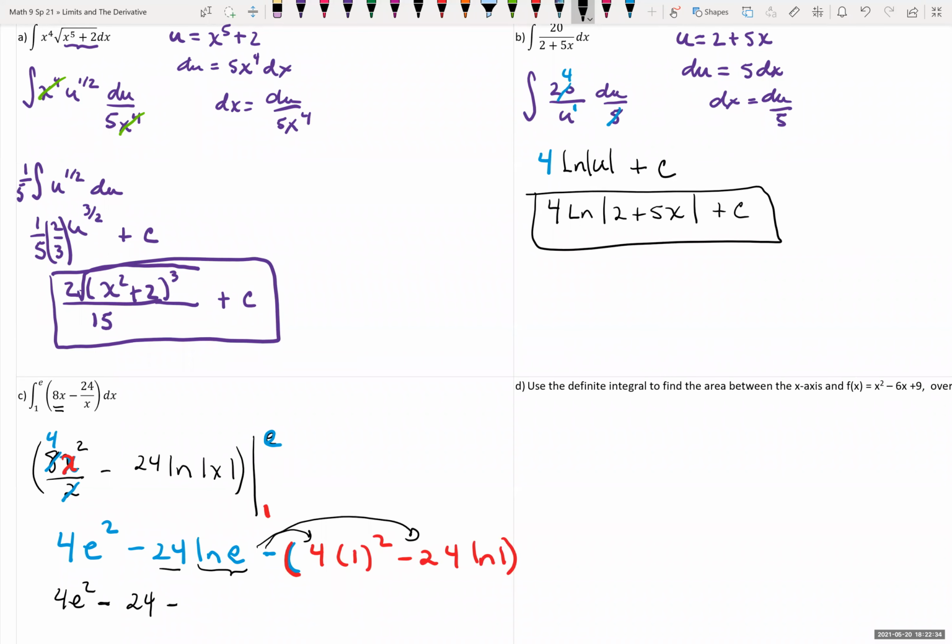So minus 4. And then natural log of 1. What do I raise e to, to get back 1? It's 0. So this is just 0. So just cleaning it up a little bit, we have 4e squared minus 28.